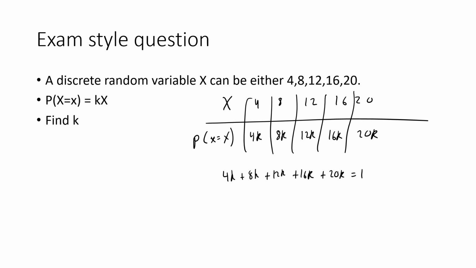So that means 60k equals 1. So k is equal to 1 over 60. And you can replace k into the 4k, 8k, 12k and get the values there. And then after that, you go on to finding E of x, V of x, and sigma.